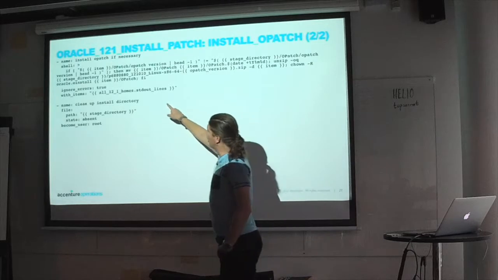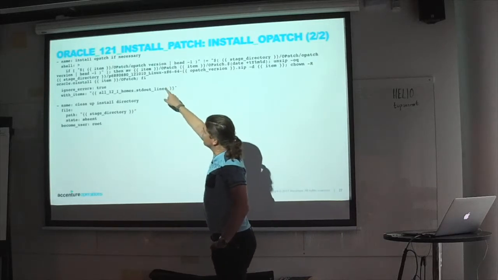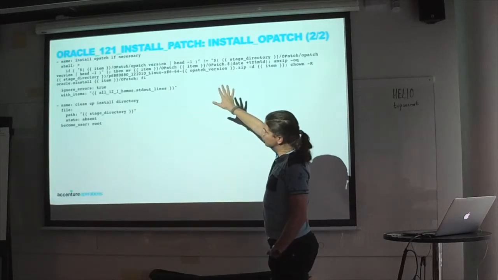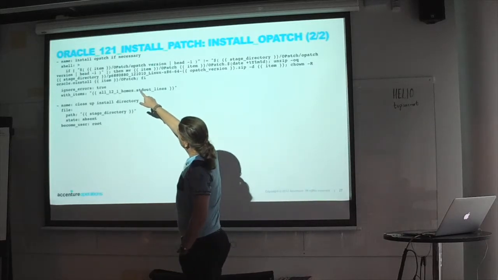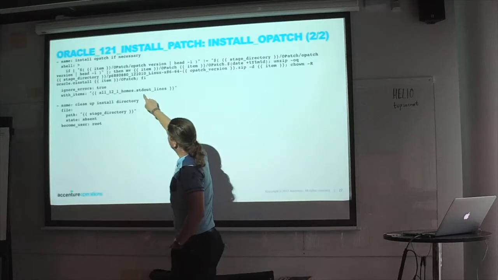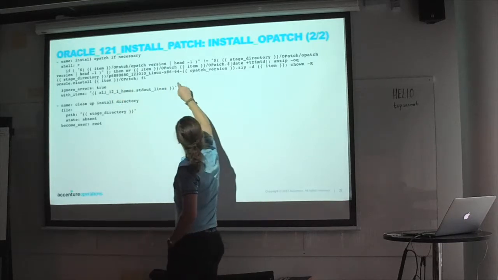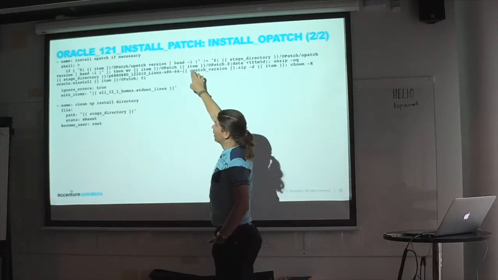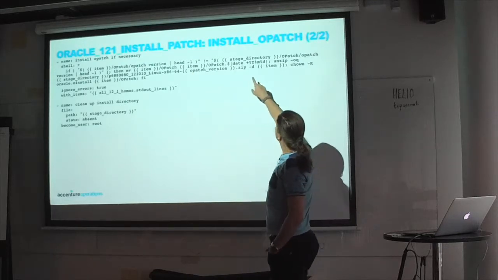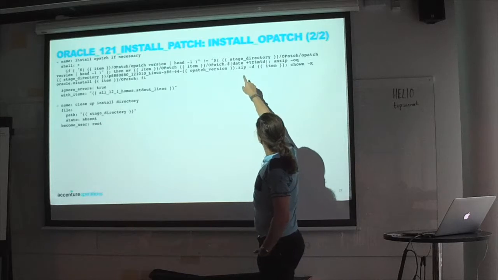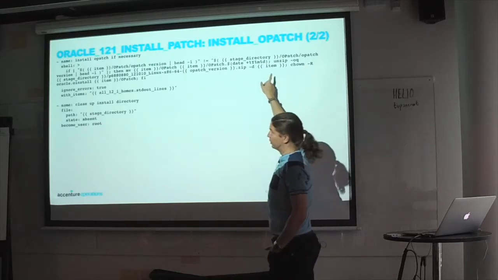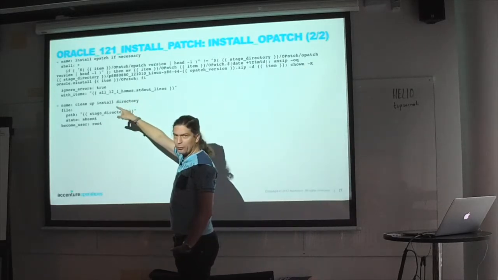And then for all the homes, I do a little trick here. This is a small shell script. I say if the OPATCH version in the homes item contains homes, and I take the first line, head -1, does not equal the stage directory OPATCH, which I just unzipped, and the version from that.